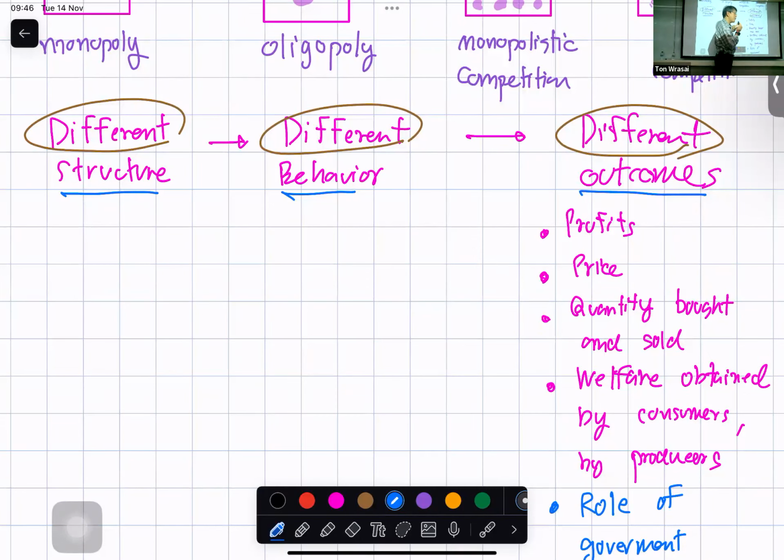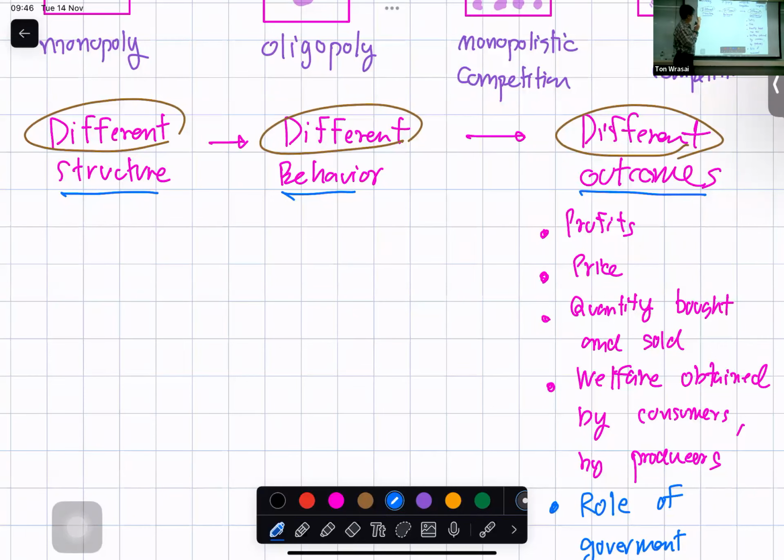That's why when we want to understand the outcomes, why price is so high, why price is so low, why quantity traded is so little, why quantity traded is so large, why welfare received by consumers is so low or so high, we have to get back to look at the structure of the market that creates this link.